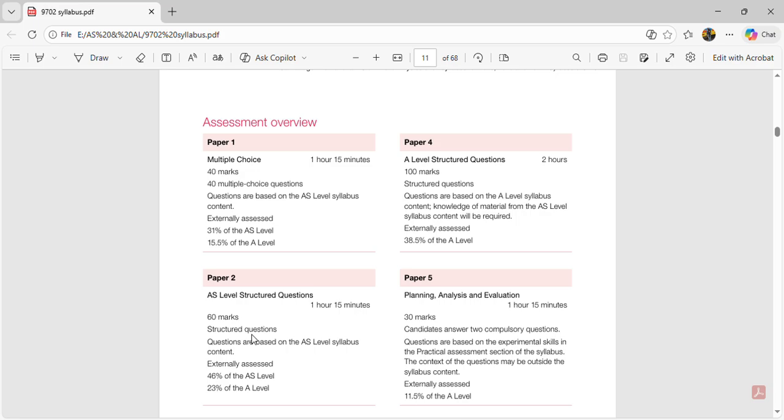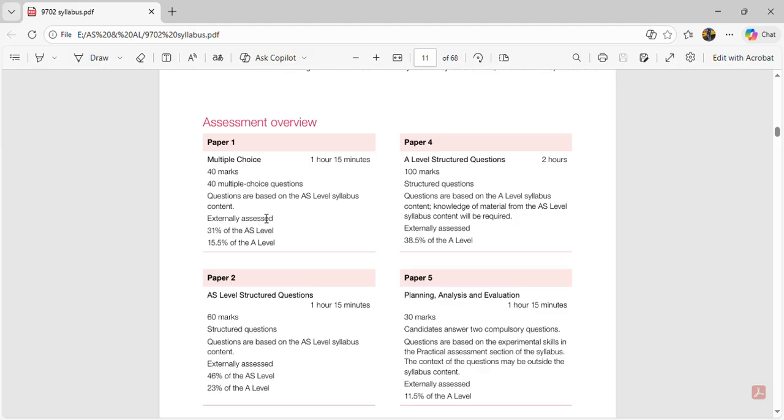Now, when it goes to assessment, that is the end of level examinations. We have AS examinations where, for physics, there are 3 papers. Paper 1 is a multiple choice paper. It has 40 multiple choice questions, marked out of 40, and the content is just AS based.